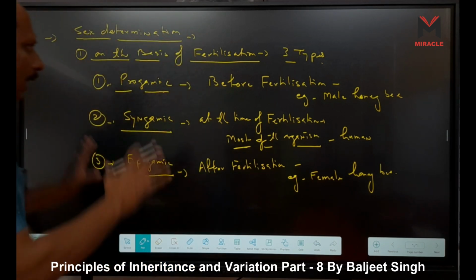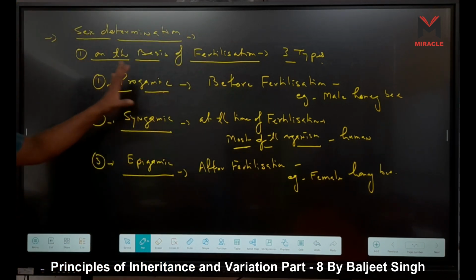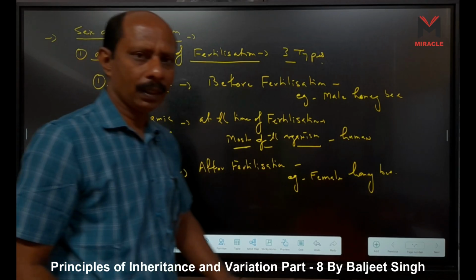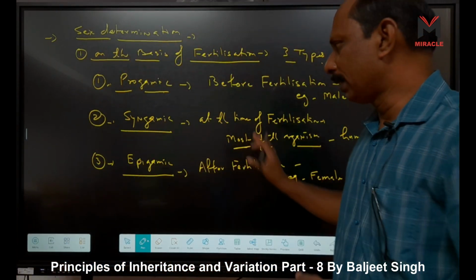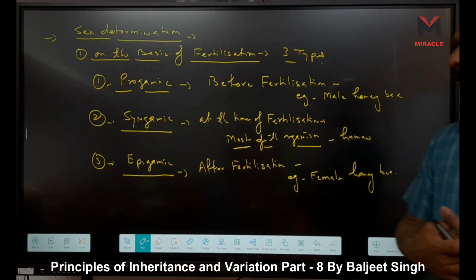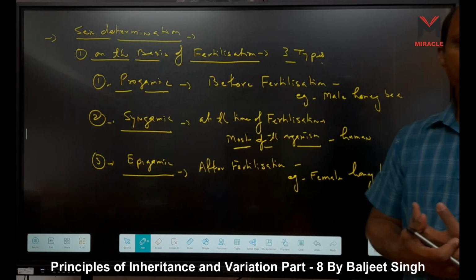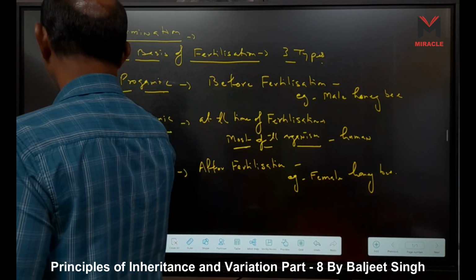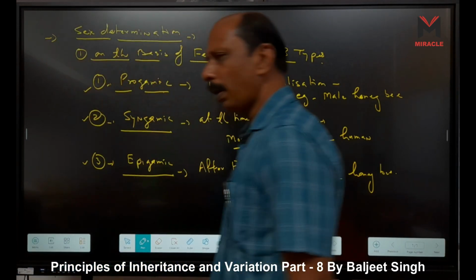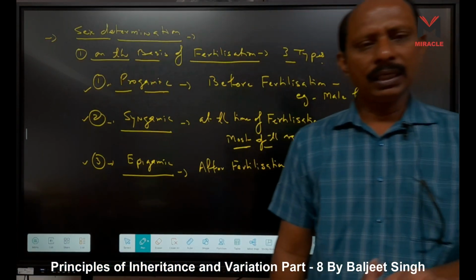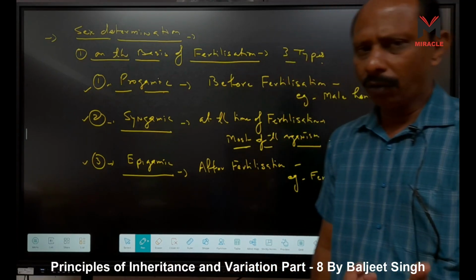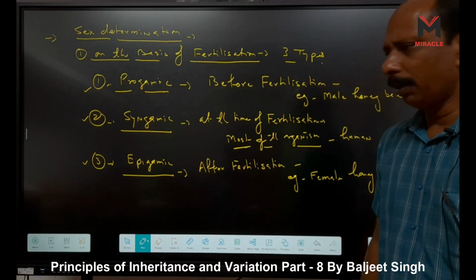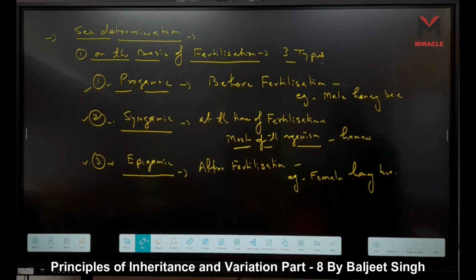So these are the three types of sex determination on the basis of fertilization. This is not given in NCERT, but sometimes it is asked. You have to understand the meaning: progamic means before fertilization, syngamic means at the time of fertilization, and epigamic means after the fertilization. Okay.